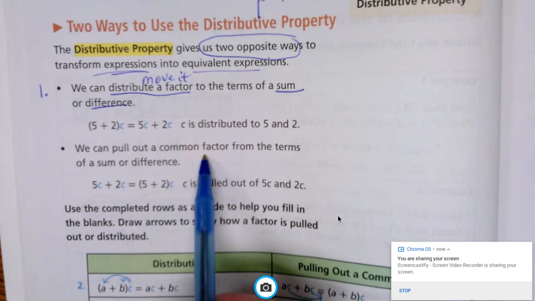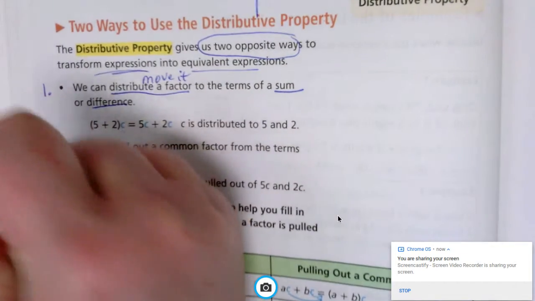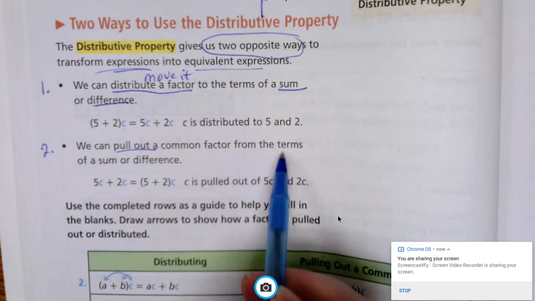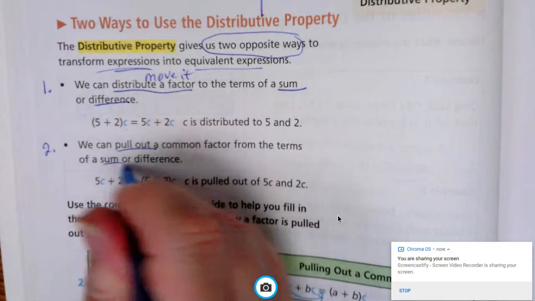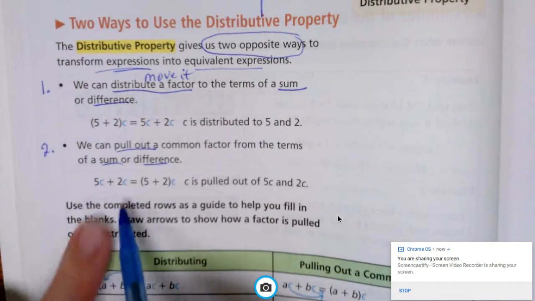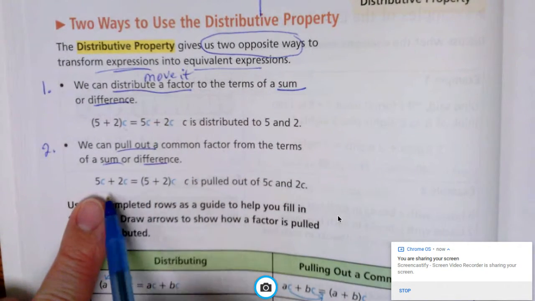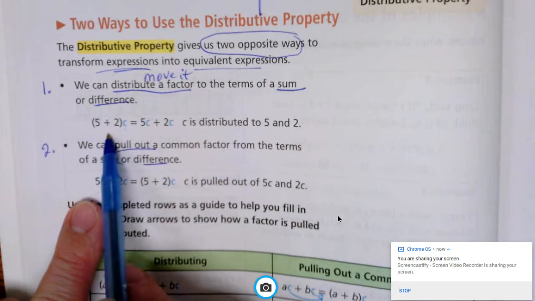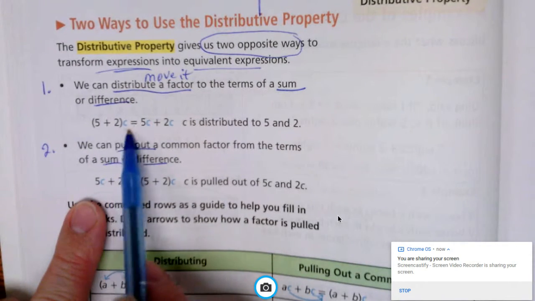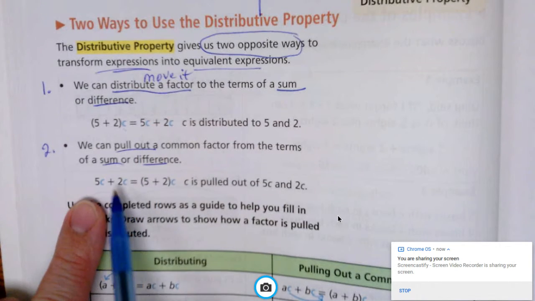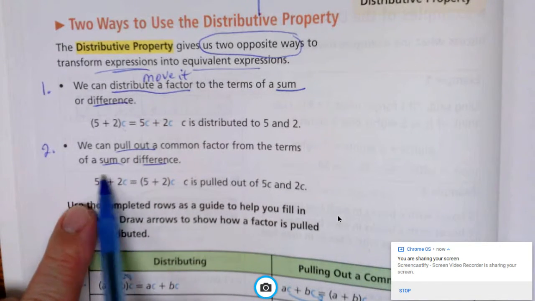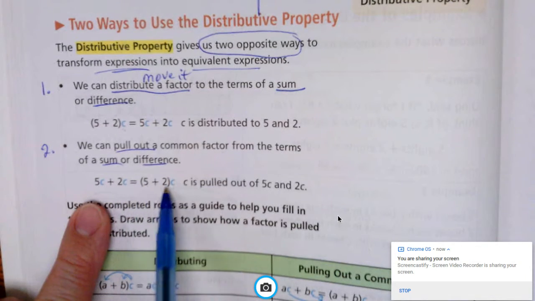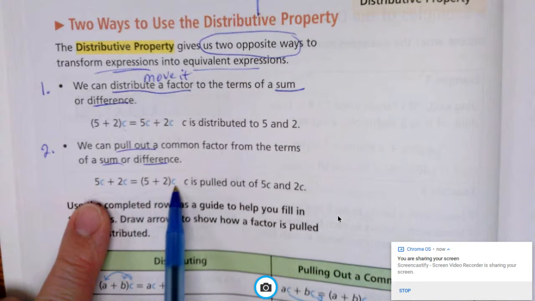We can pull out a factor. This is the second way. We can pull out a common factor from the terms of a sum or a difference. Here, it's kind of starting the opposite. Instead of breaking apart a combined term within parentheses into two separate terms, we can start with two separate terms and combine them again with parentheses and add that c here.